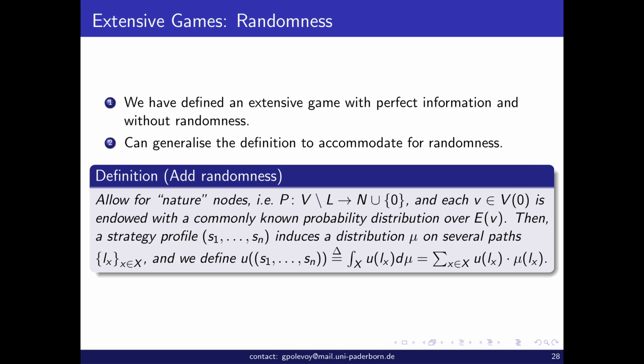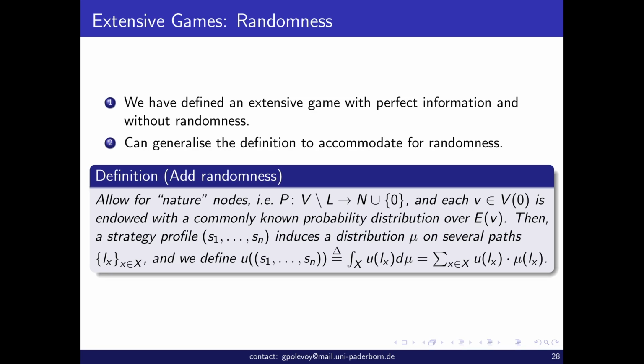Now, then a strategy profile is given. Of course, the strategy profile is not for nature. According to the definition of the game, there is no strategy which nature chooses. The strategy profile is given for players.